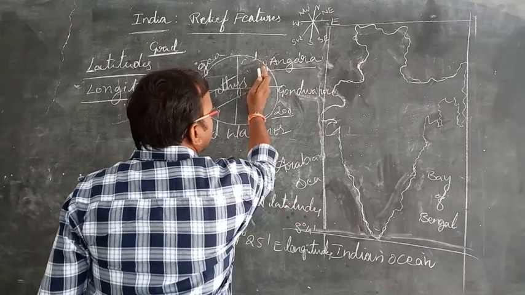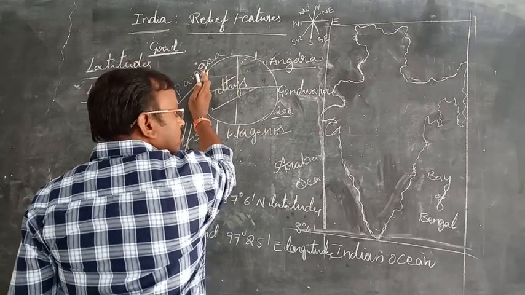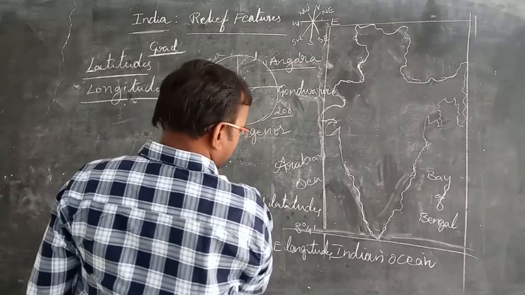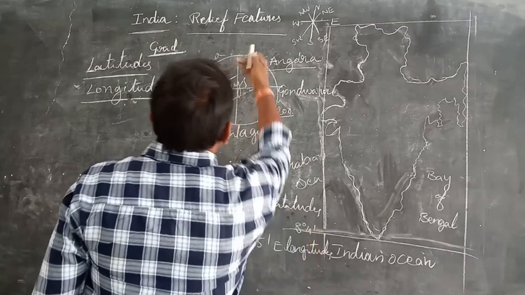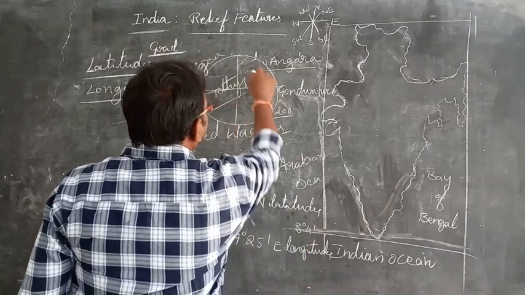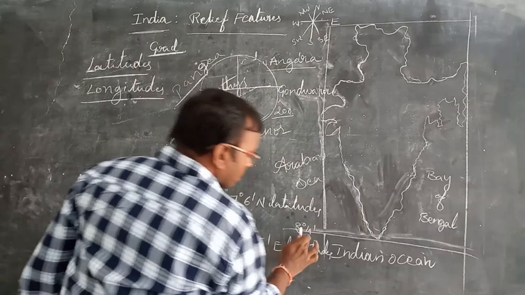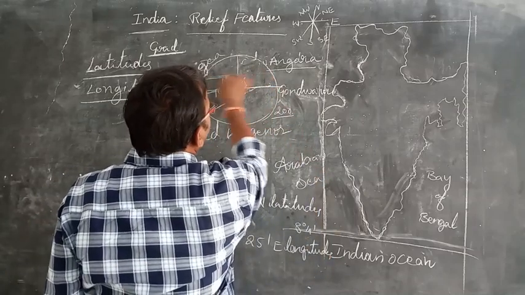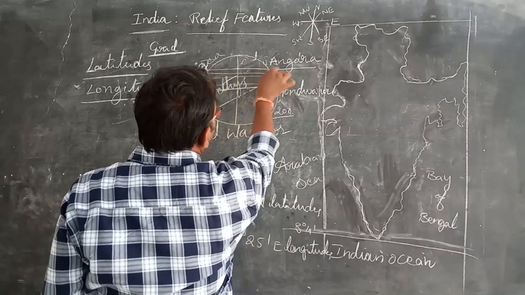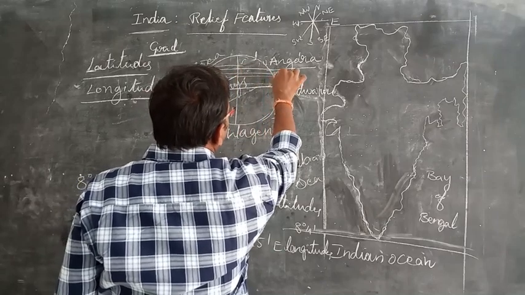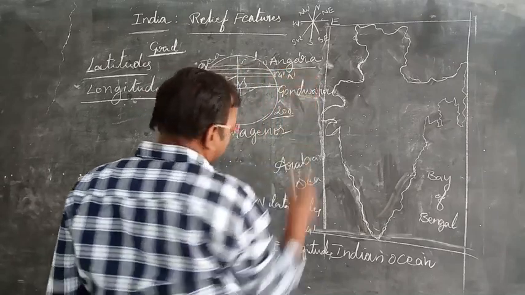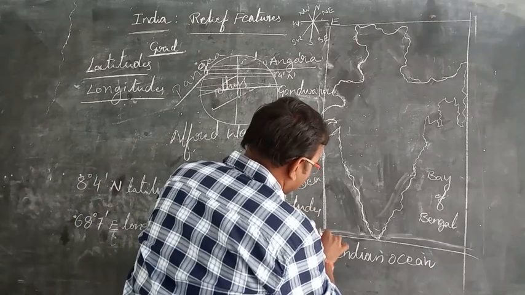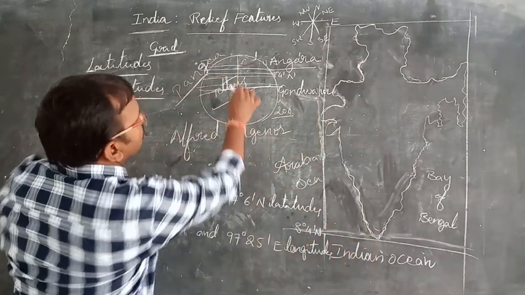This is the eastern hemisphere, western hemisphere, and this is the northern hemisphere, this is the southern hemisphere. Here these are the latitudes, 8 degrees 4 minutes north, above the equator.